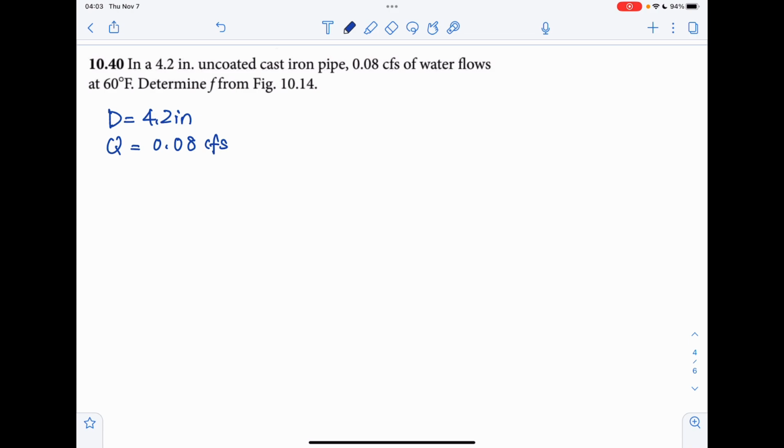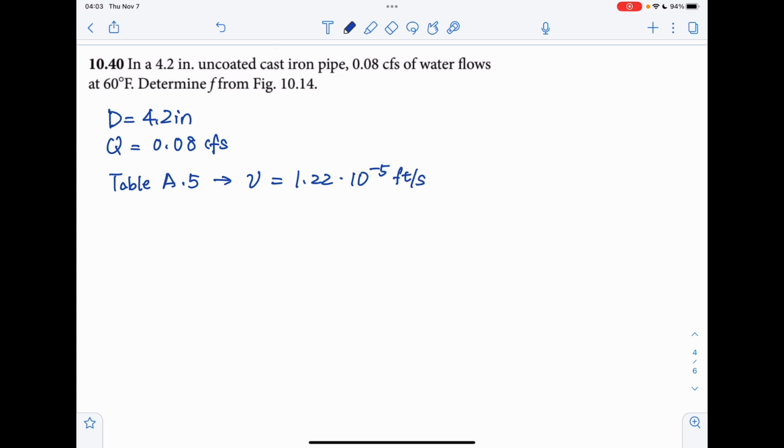So from table 8.5, we can find the viscosity equals 1.22 times 10 to the negative 5 feet squared per second.